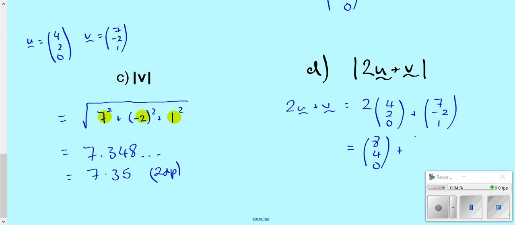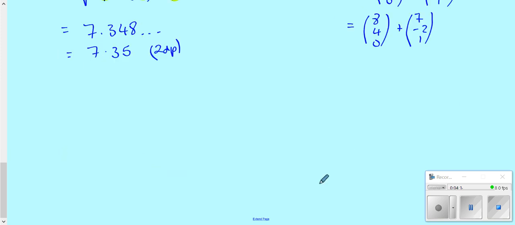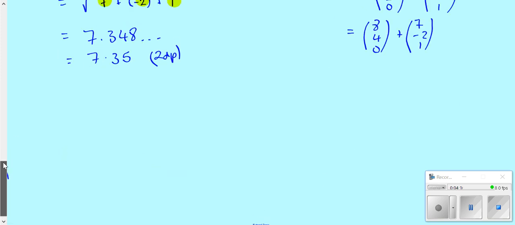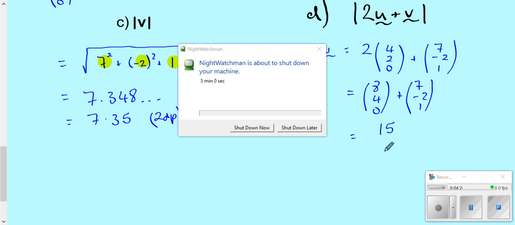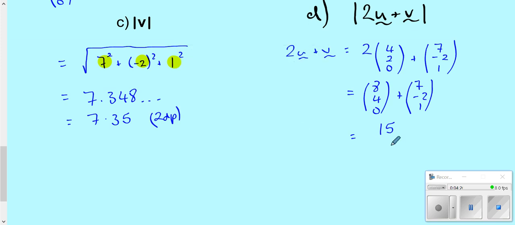Add 7, negative 2, and 1. That's not changing. So when I add these together, I'm going to get 15. 4 add negative 2, so adding a negative, I'm taking away, that's 2. Oh, apologies. That's going to be 2. 0 add 1 is 1.